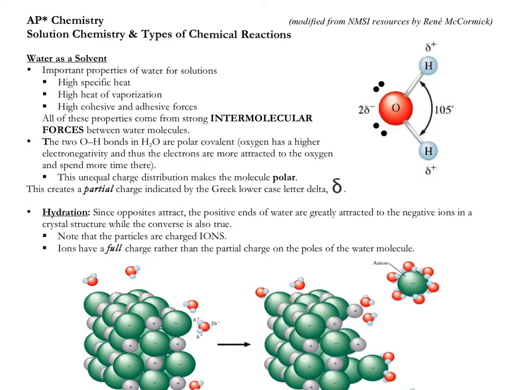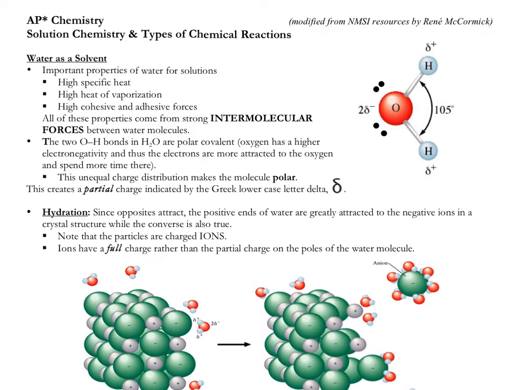And it all comes down to those bonds being polar covalent. There's a difference in electronegativity, so a difference in attraction for the electrons. So this line right here is showing 2 electrons, and because oxygen has a higher electronegativity, that set of electrons, instead of being shared equally, really spends a lot of time down here and much less time up there.